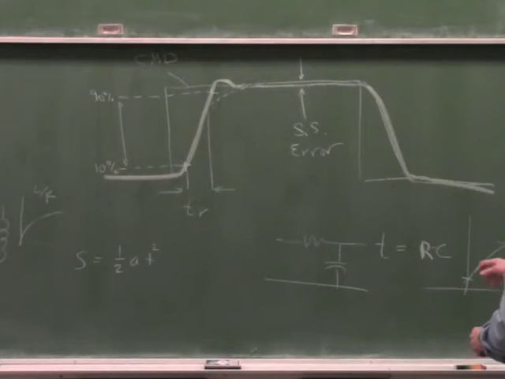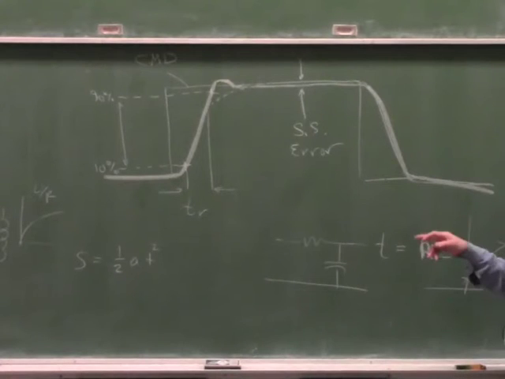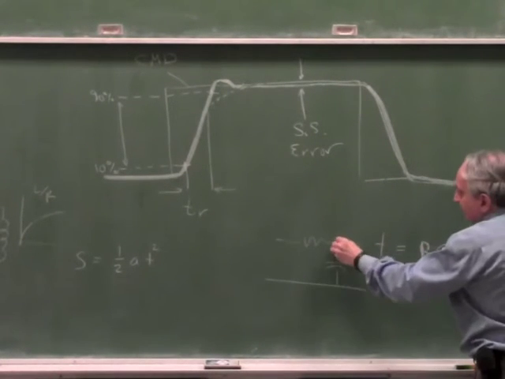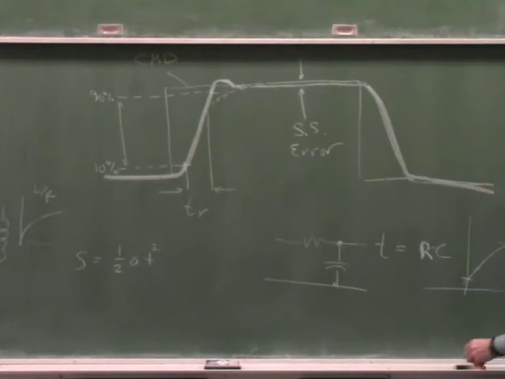Exactly right. Because RC measures to 1 minus 1 over e, right? The definition of a time constant in an electrical circuit is a different definition than rise time. Because the RC of a circuit is the time it takes to go from here to here, which at this point is 1 minus 1 over e.